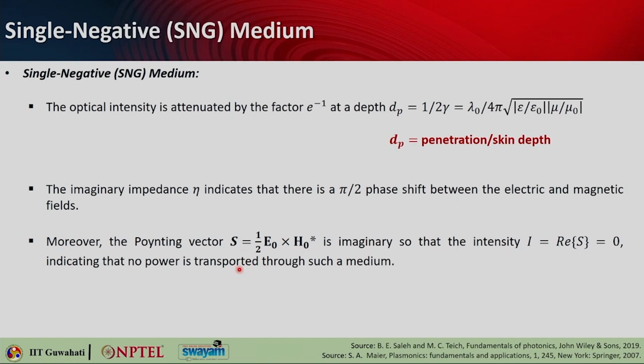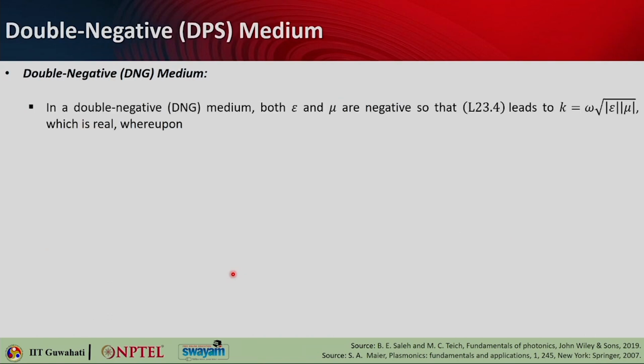So if you calculate the intensity of this wave, the intensity is the real part of S, and that is 0. That means no power is transported through this medium, which makes sense because the propagation constant is also 0.